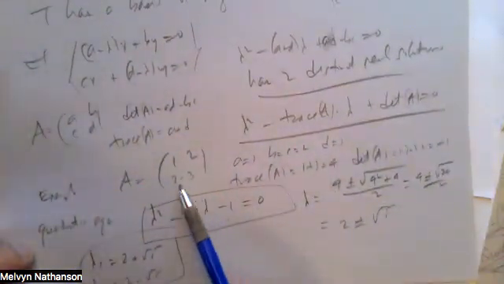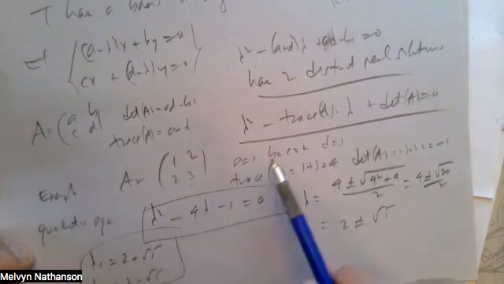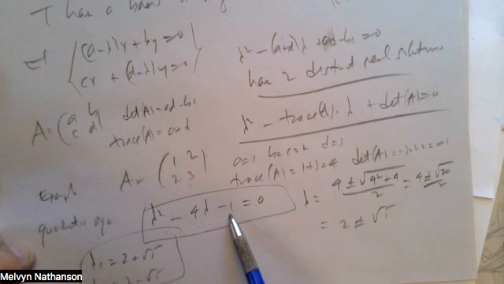I have a matrix 1, 2, 2, 3. And I need to solve the quadratic equation, lambda squared minus 4 lambda minus 1 equals 0.